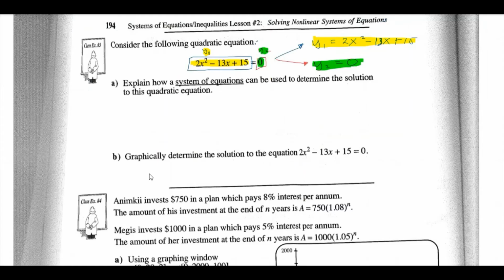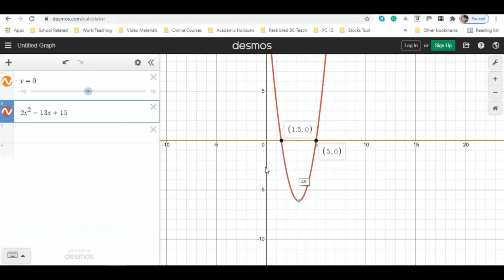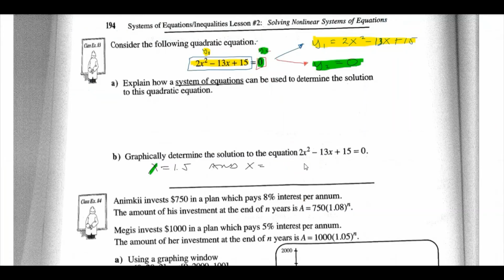So the solutions of this would be x is equal to 1.5. It's not 1.0 but 1.5. And x is equal to, the other x-intercept, that would be 5.0 or 5. So these are the solutions of that quadratic equation.